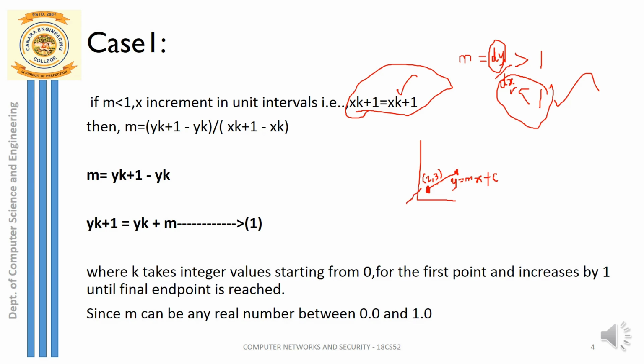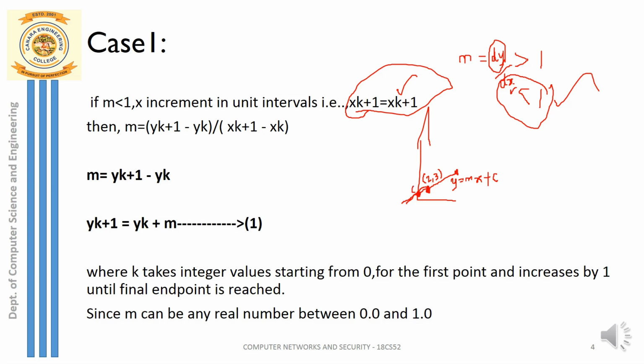Suppose this is a line, and a line segment is one small portion of the line, whose one point is 2, 3 and the other endpoint is over here, say 6, 6 or something. And this line has a y-intercept. Y-intercept means the intersection point of a line with the y-axis. That point you call c.